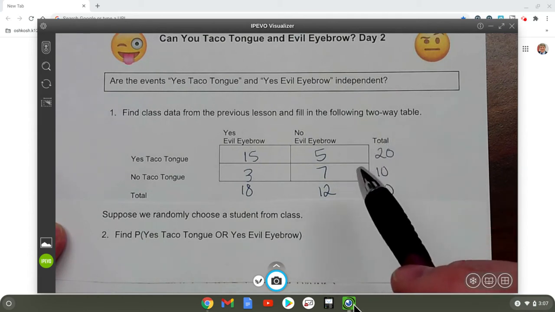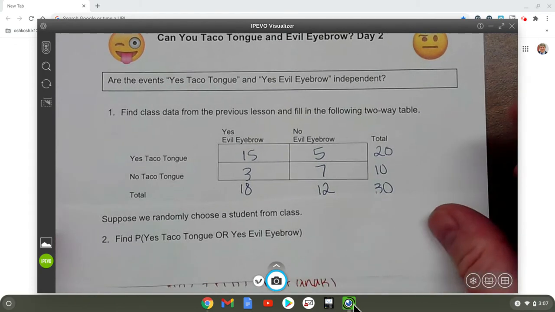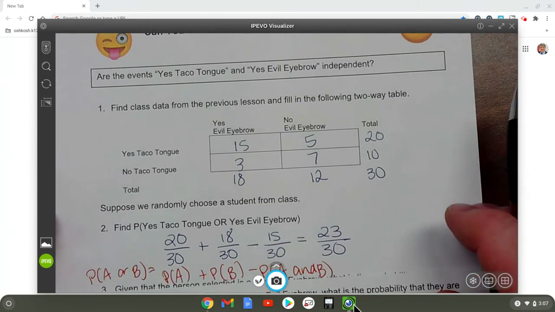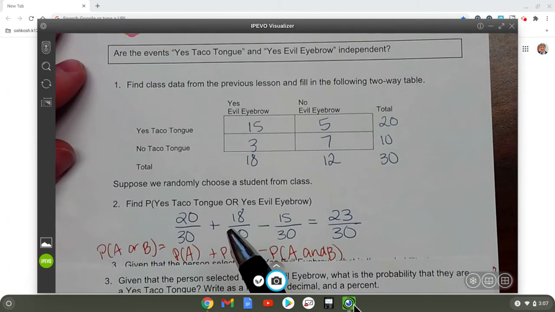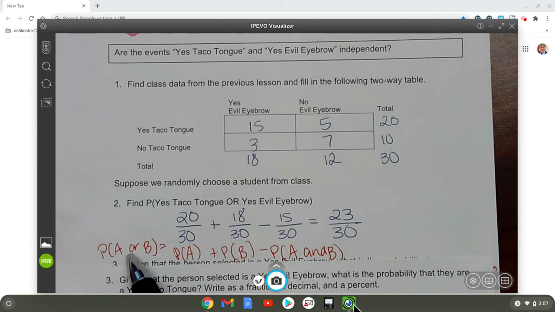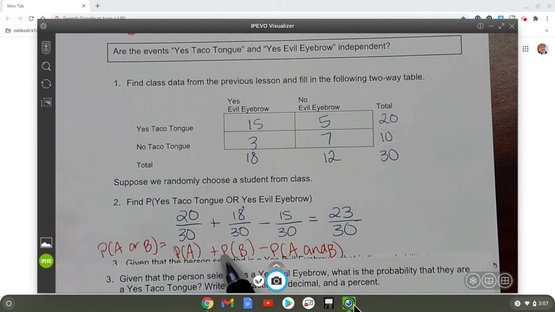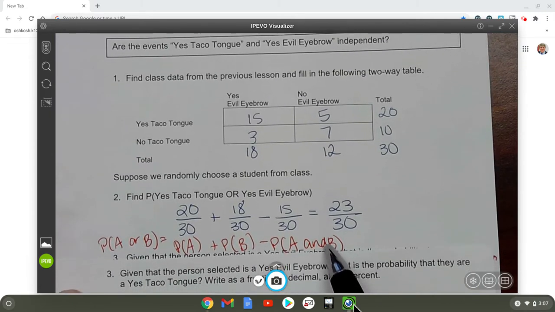But we want to deal with our conditional probability formulas. So here's how we would deal with that. Find the probability of yes for taco tongue or yes for evil eyebrow. That'd be the probability of A or B, with A being yes for taco tongue and B being yes for evil eyebrow, which would be the probability of A plus the probability of B minus the probability of A and B both happening together.